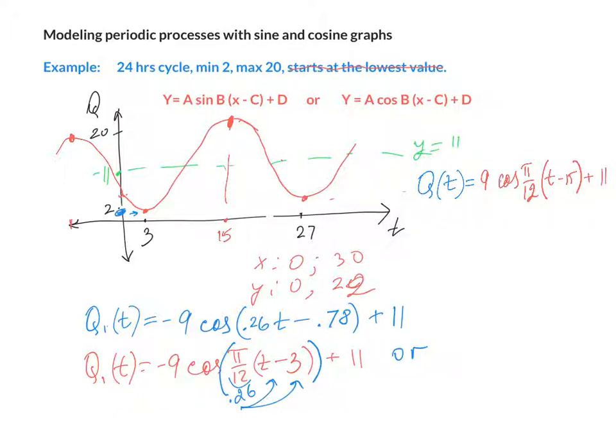It's not that hard to figure out that number. 15, the cycle is 24, right? So 15 minus 24 is negative 9. So instead, I could write t plus 9, because now I'm shifting to the left.